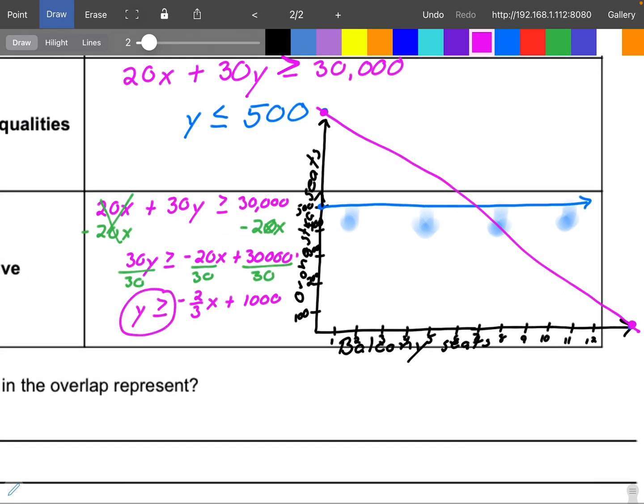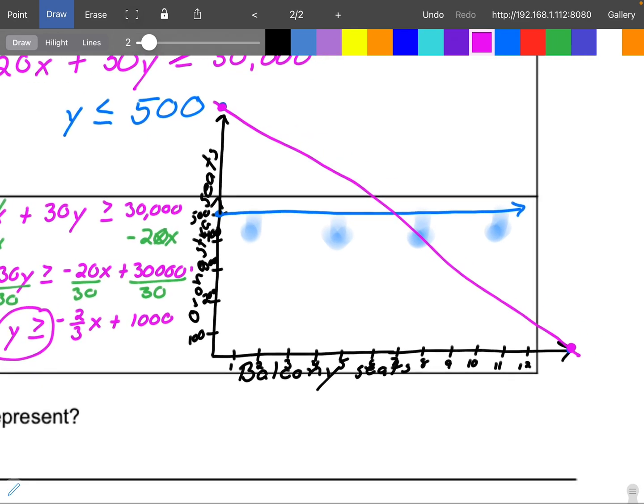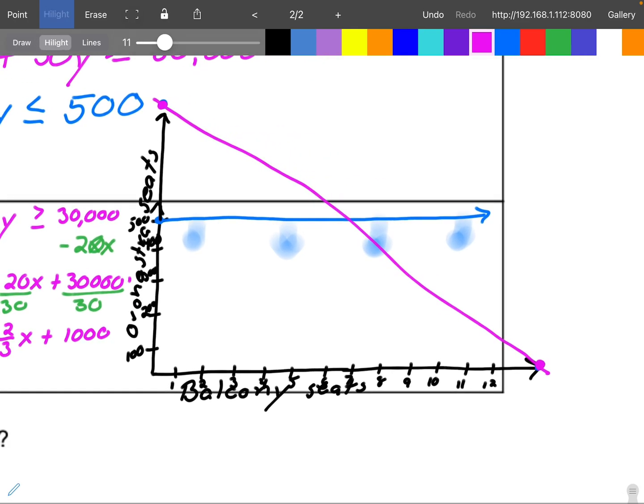Well, y is bigger than, so we would shade up. So my overlapping section would be this in here. So my orchestra seats would be less than 500, and then my balcony seats could be any of these x values in here.